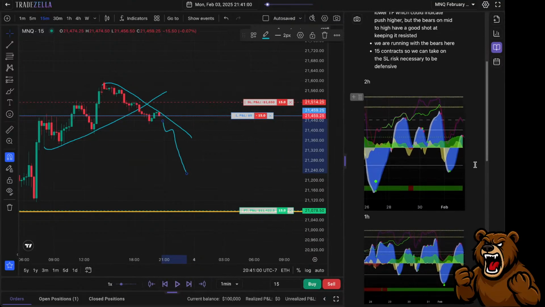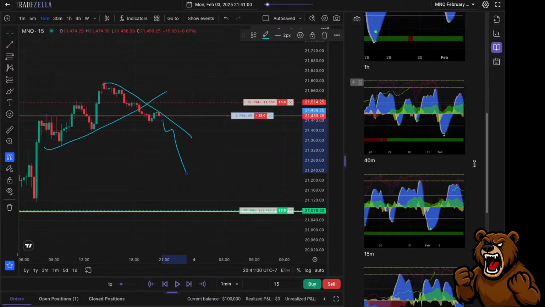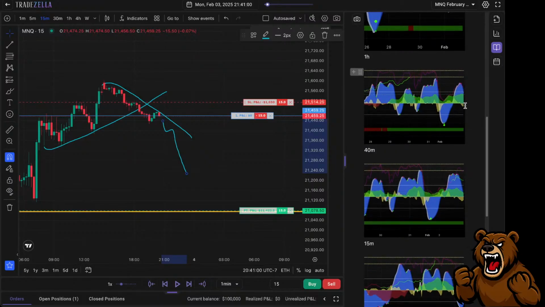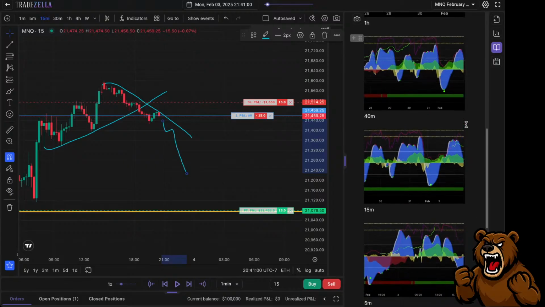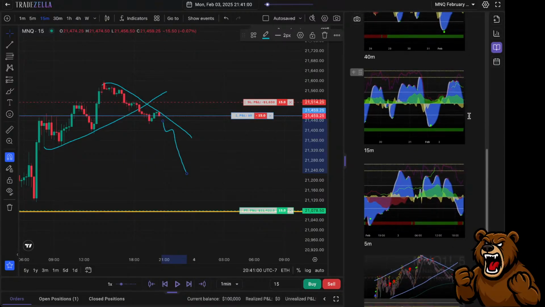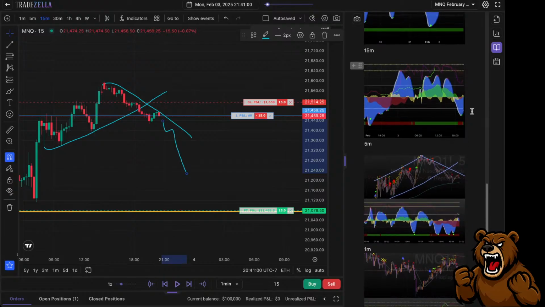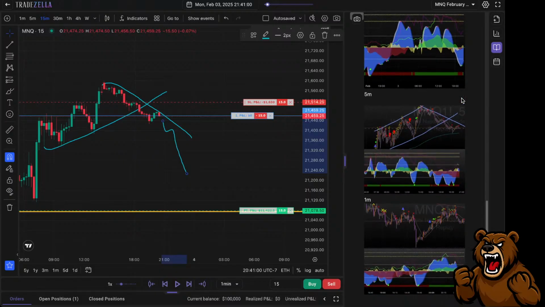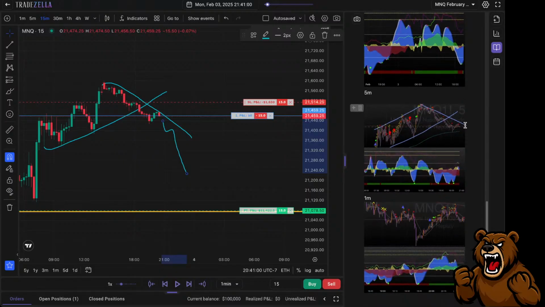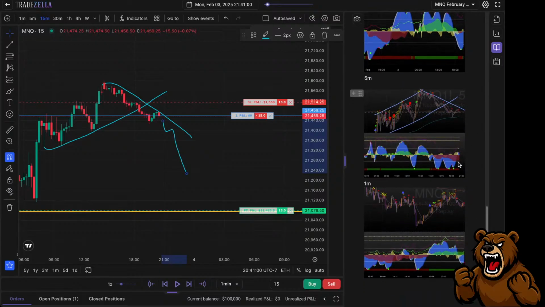I do like the two. The one, I need this pressure to keep up. Same with the 40. They're curving back up, but we have this expectation that this line of resistance from the bears holds.